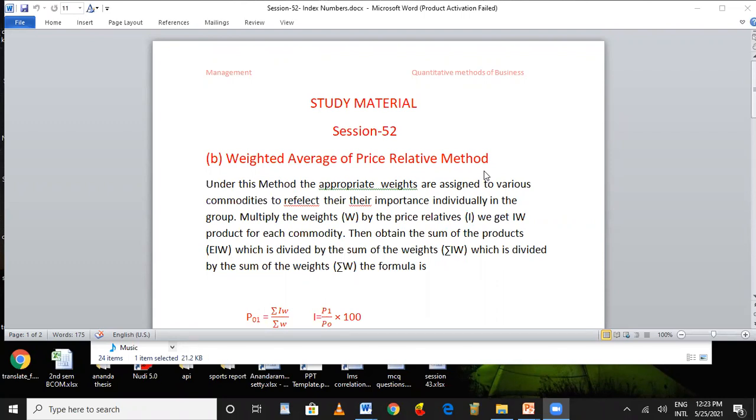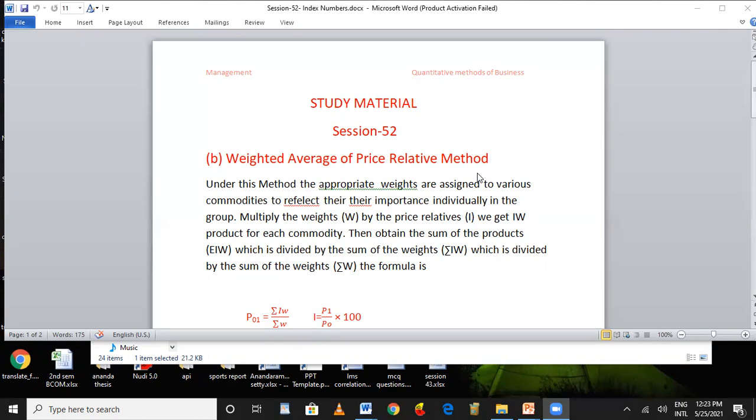On the basis of the prices, the index number is determined. However, it is easy to calculate, easy to understand, anyone can understand. Only the data with regard to the prices is enough. On the basis of the prices, we can determine the index number.